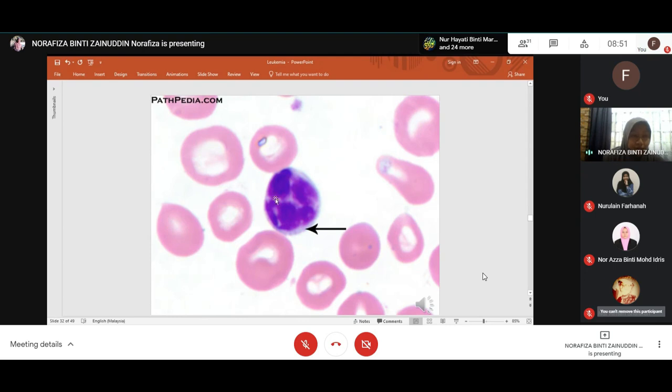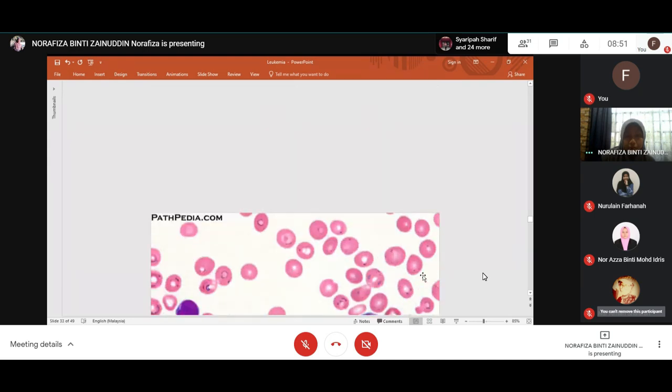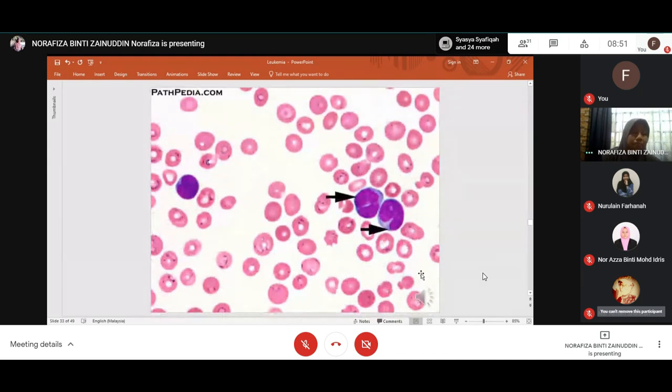You can compare this neoplastic lymphocyte with the RBCs. We can see that this CLL cell is only slightly larger than the RBCs surrounding it.